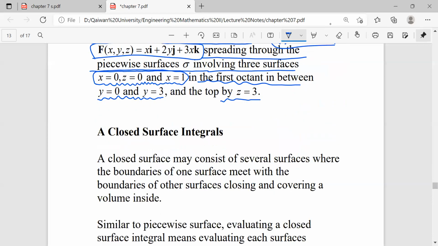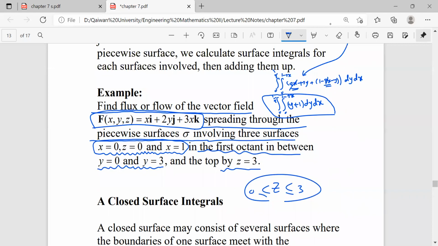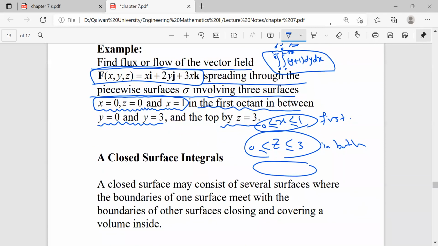And in the first surface, x is from 0 to 1. Then in the second, y is from 0 to 3.